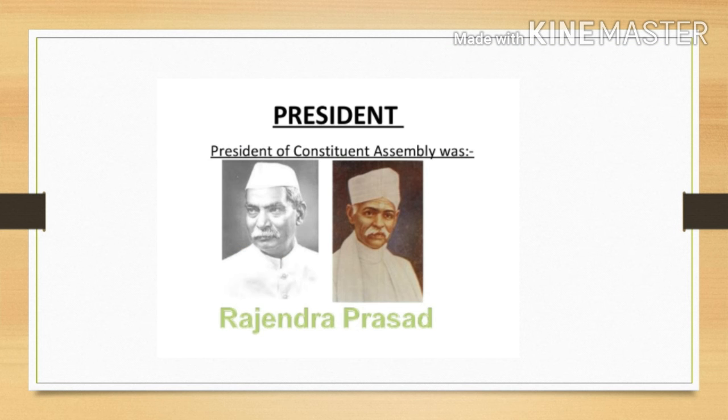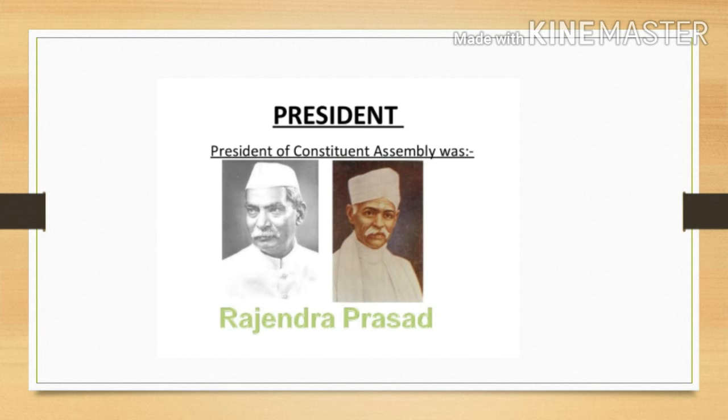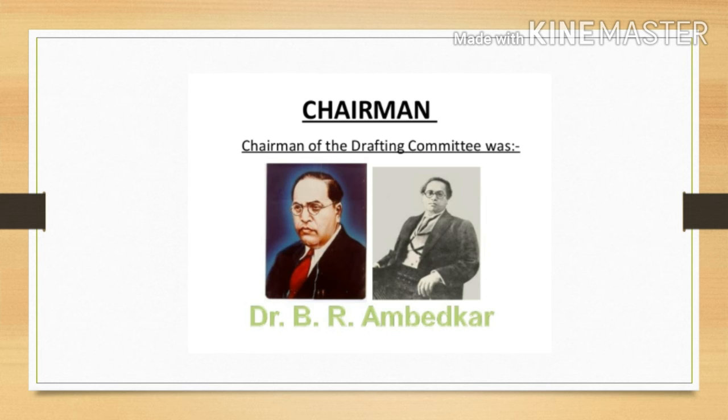As these pictures show, the main women members were Sarojini Naidu and Vijayalakshmi Pandit. The President of the Constituent Assembly was Rajendra Prasad. The Chairman of the Drafting Committee was Dr. B.R. Ambedkar.